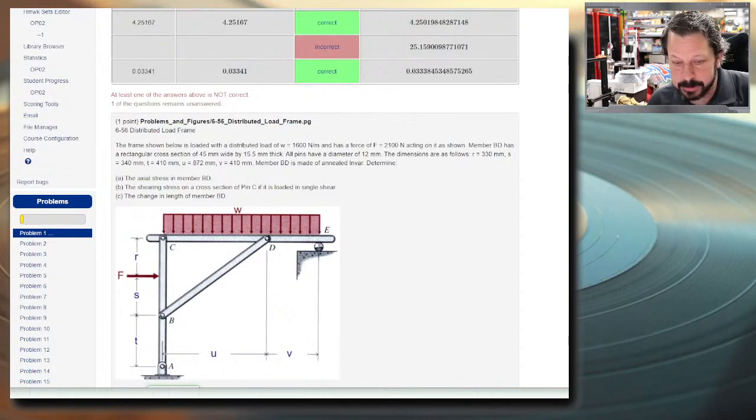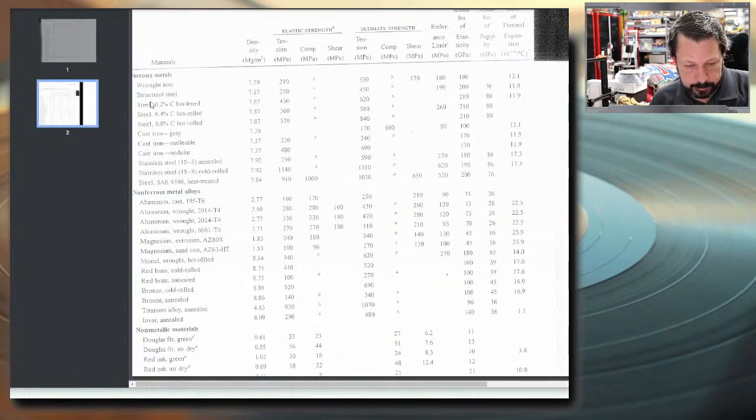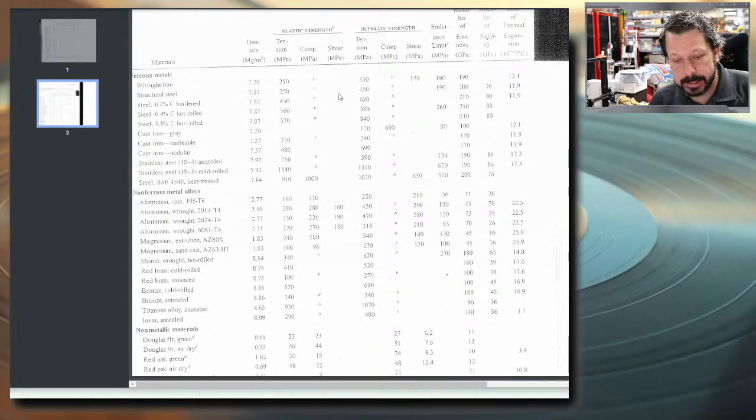So let's just say the pins are some kind of steel. So here's that generic structural steel. There is no number over here for the shear strength, so that means our model is that we're taking half of the tensile. So 125 would be our shear strength.